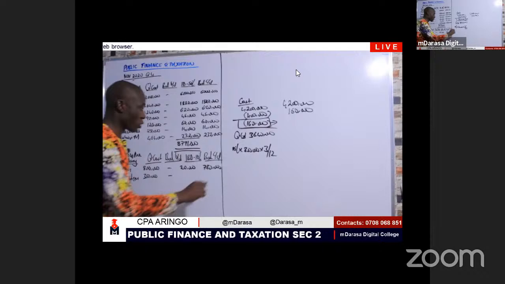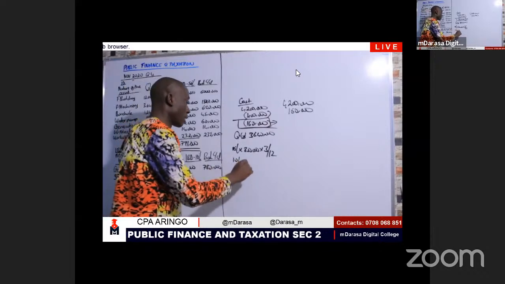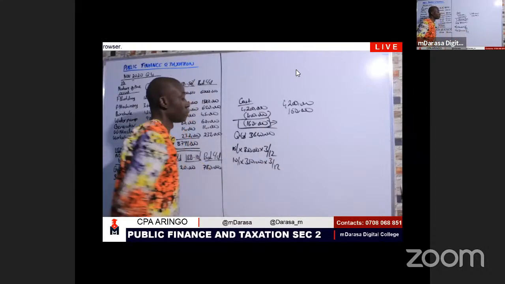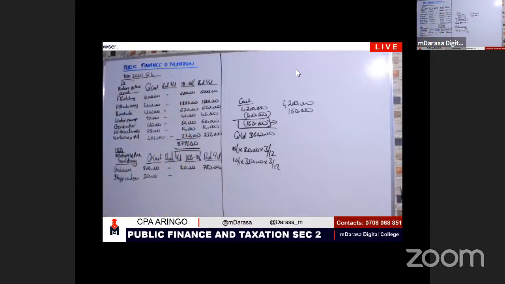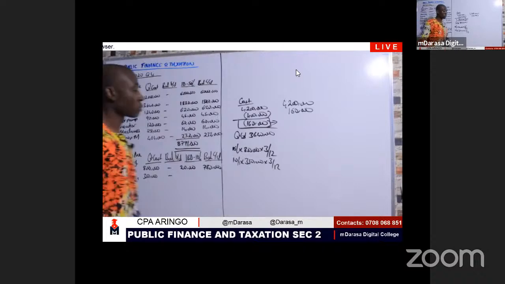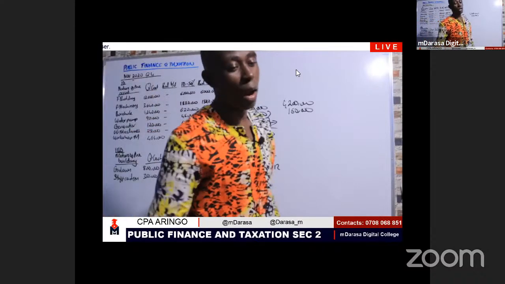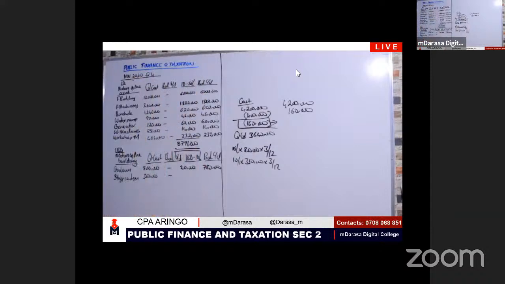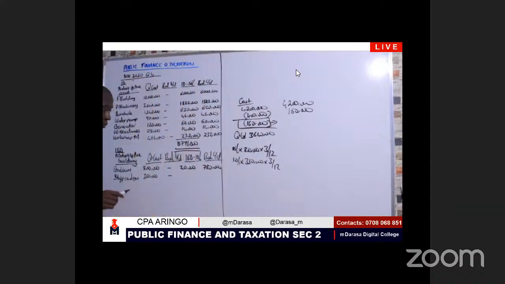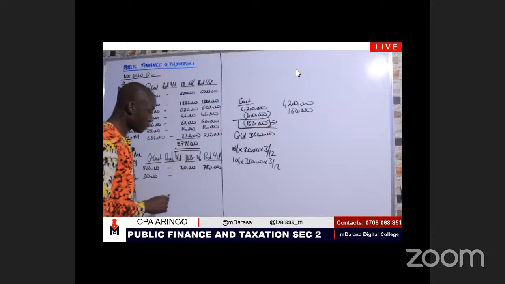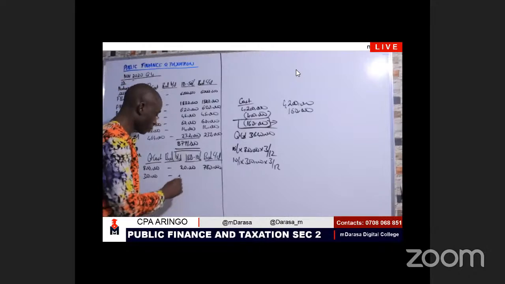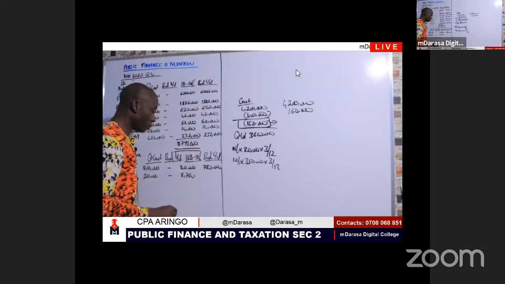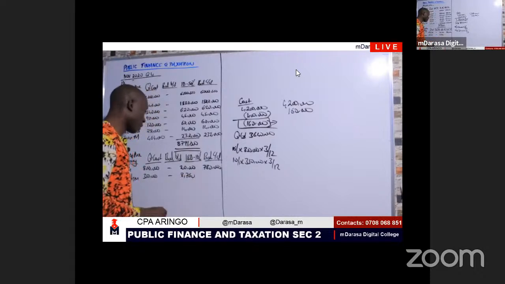The same concept: 10% times 350,000 by 3/12. How much are we getting? 8,750.